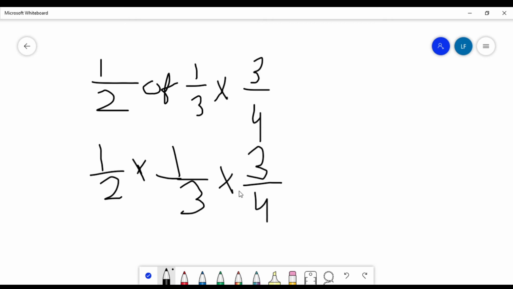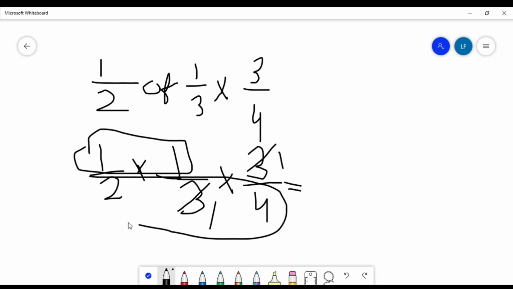So now what do we do? It's pretty easy. We cancel these out, and we can do cross cancelling. After that, what will we get as the answer? We have to multiply the numerators and multiply the denominators.